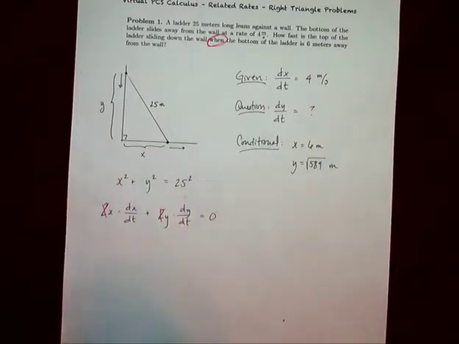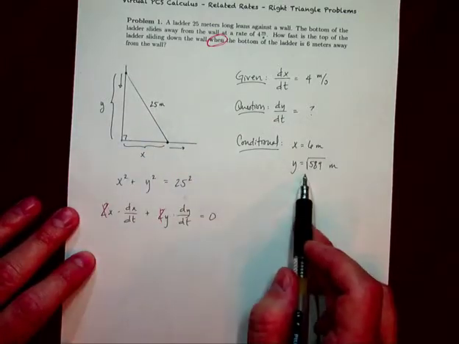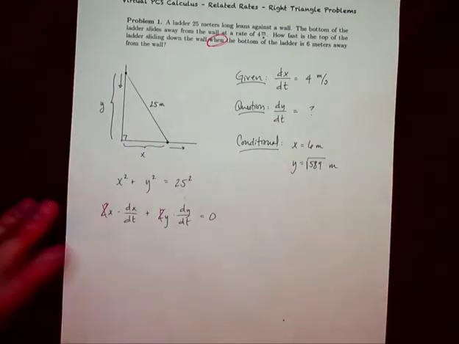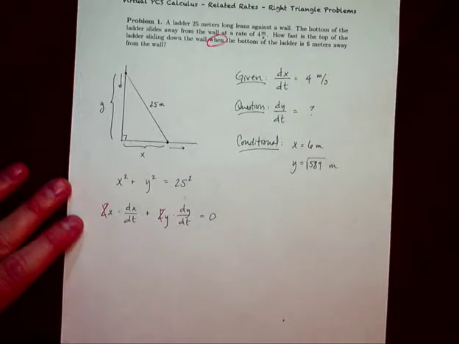And I actually expected them to do that here. I expected them to have x equal to 7, because if x is equal to 7, then you have a 7, 24, 25 right triangle, and your y measurement winds up being an integer. But we'll go ahead and go along with the way that it's written right here.